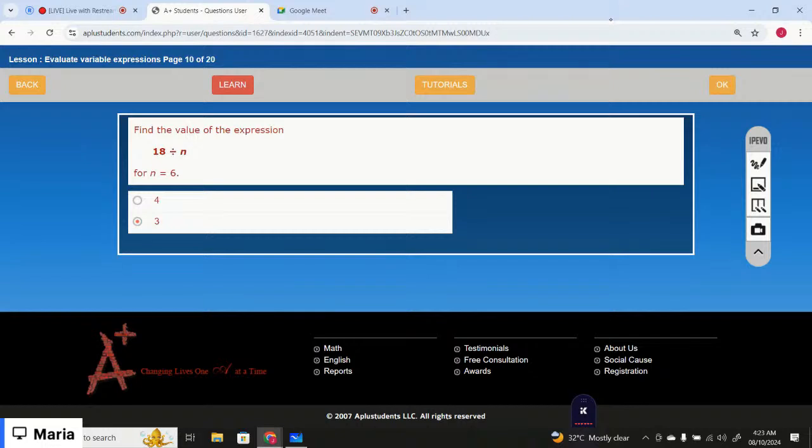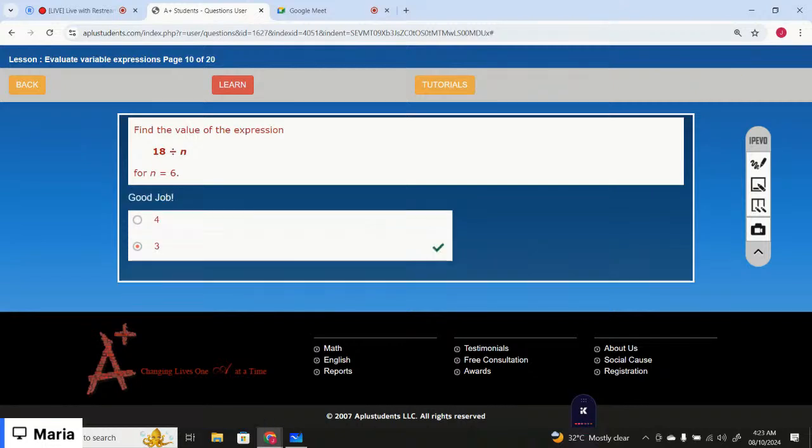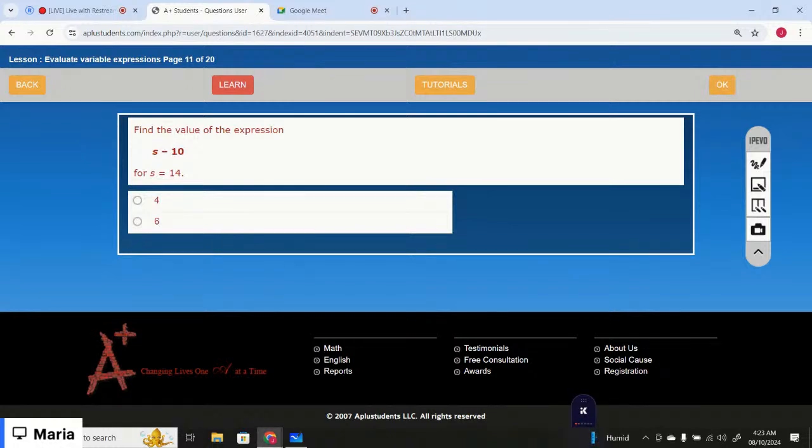Option number 2 is the correct option. Find the value of the expression, that is s minus 10, for s equals 14. So which is the correct option?